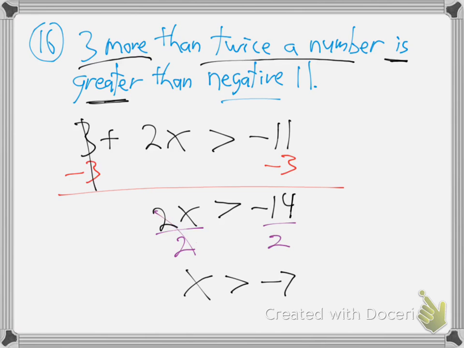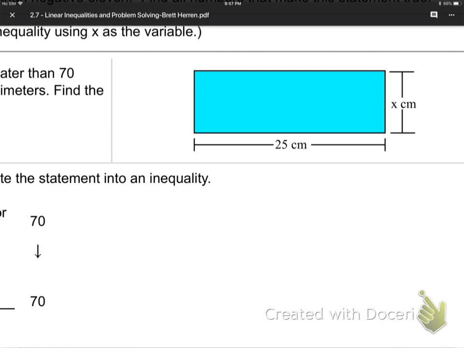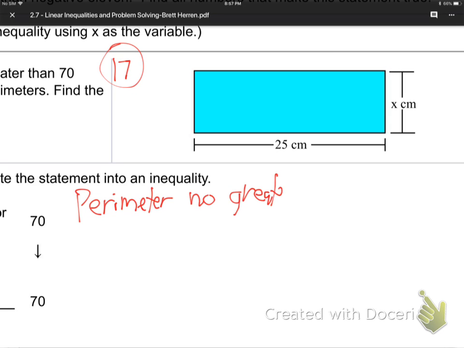Let's move on to number 17. Okay, so number 17. It says, with that picture, perimeter no greater than 70. Let me give you a second rather than me just diving in.